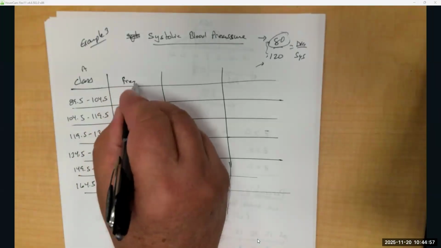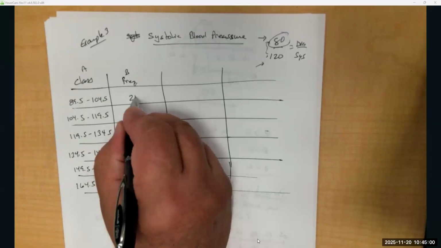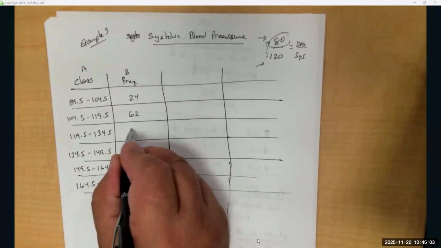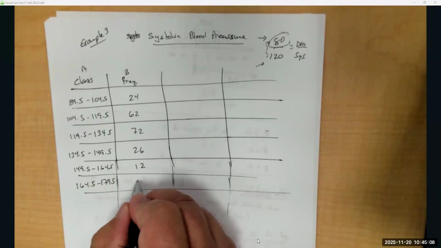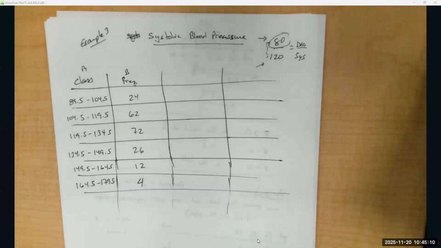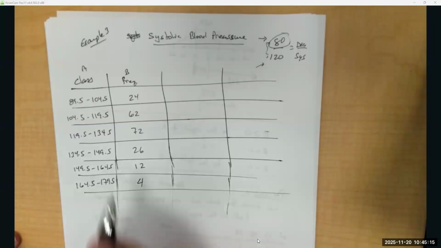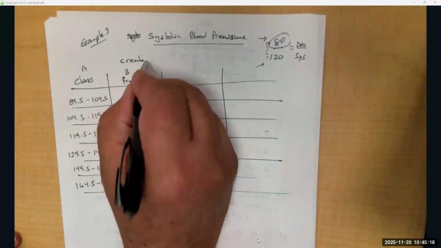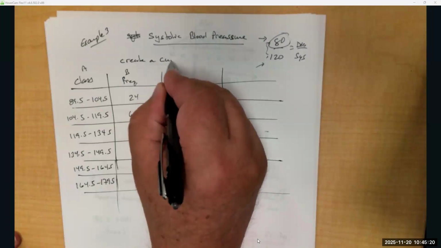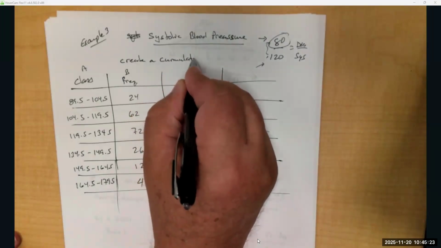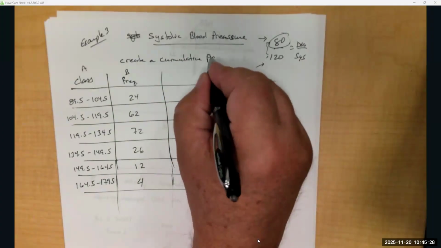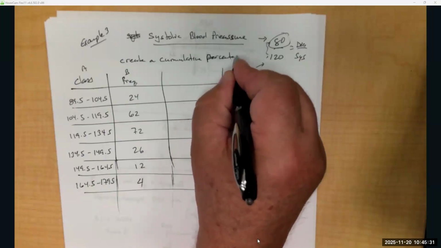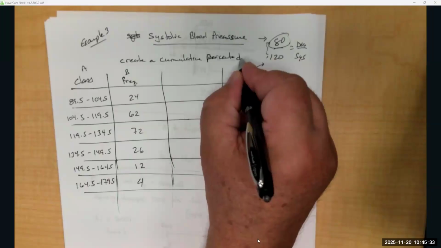Then we have our frequencies. There are 24 of those, 62 of those, 72 of those, 26, 12, and 4. Because what we want is to create a cumulative percent diagram.